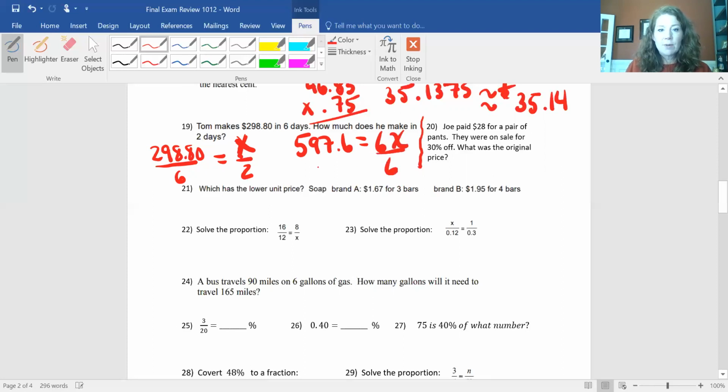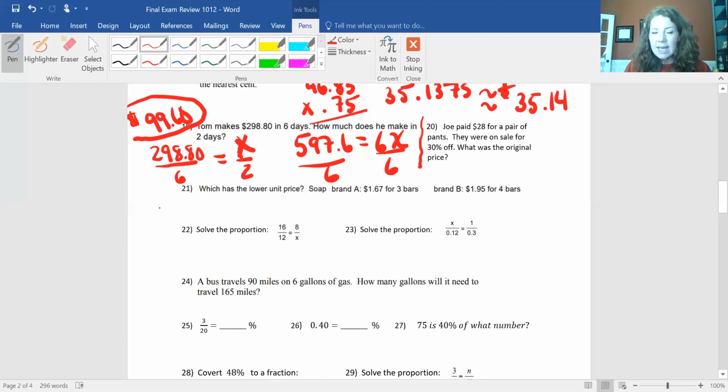And then I could divide both sides by 6. And my answer is that he makes $99.60. So either making a proportion or dividing 298.8 by 6 and then multiplying by 2, I'm going to get the same answer. Okay, so however you want to do that.